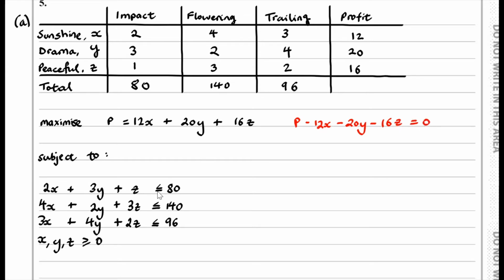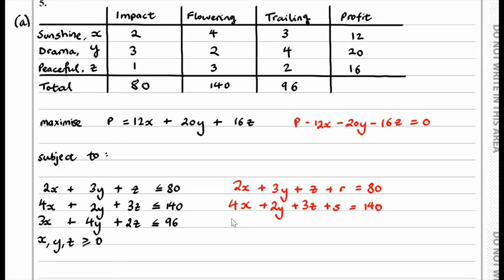And if we introduce slack variables instead of having inequalities, here you'd find we have 2x plus 3y plus z plus r equals 80. Okay, so I'm assuming that you're familiar with why we replace the first inequality symbol with plus r. And then we have 4x plus 2y plus 3z plus s equals 140.